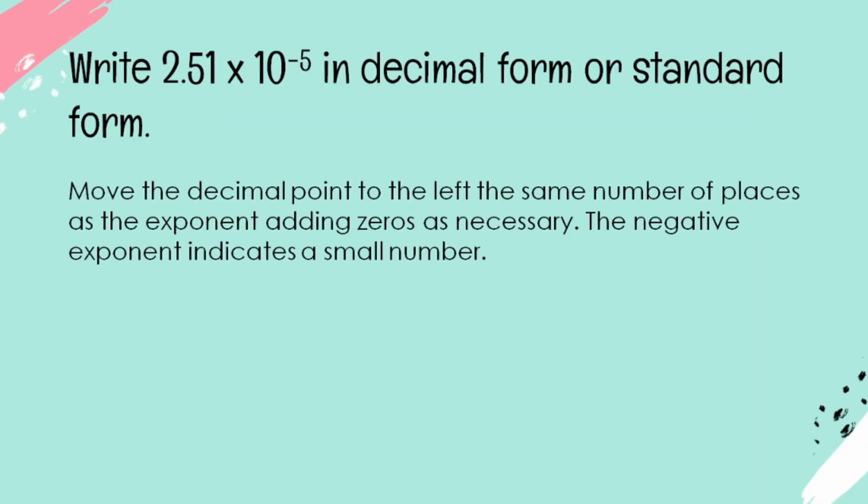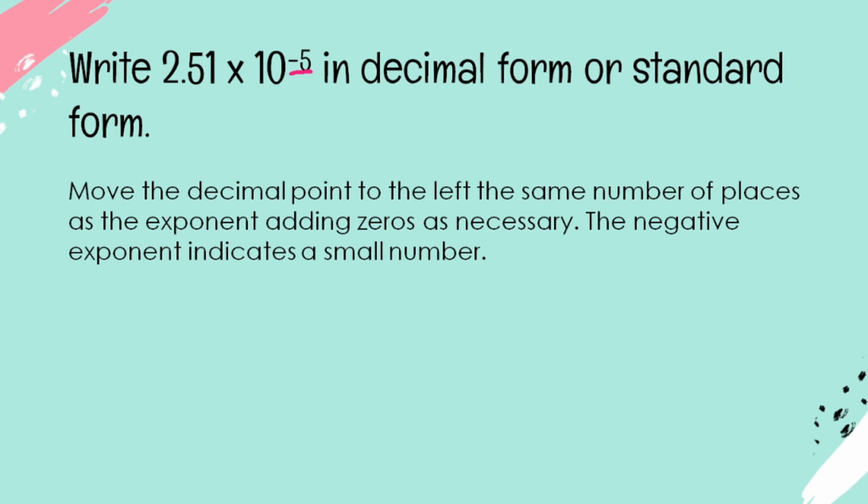Move the decimal point to the left of the same number of places as the exponent adding 0 as necessary. So, yung negative exponent, yung makikita nating negative 5 dito sa ating 10, it indicates very small number. So, kanina, yung ating positive exponent, we need to move to the right kasi it indicates big number. Ibig sabihin, positive exponent going to the right.